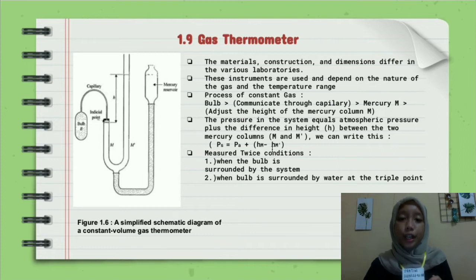And this condition can be called constant when the thermometer is measured in two conditions. The first is when the bulb is surrounded by the system, and the second is when the bulb is surrounded by water at the triple point.